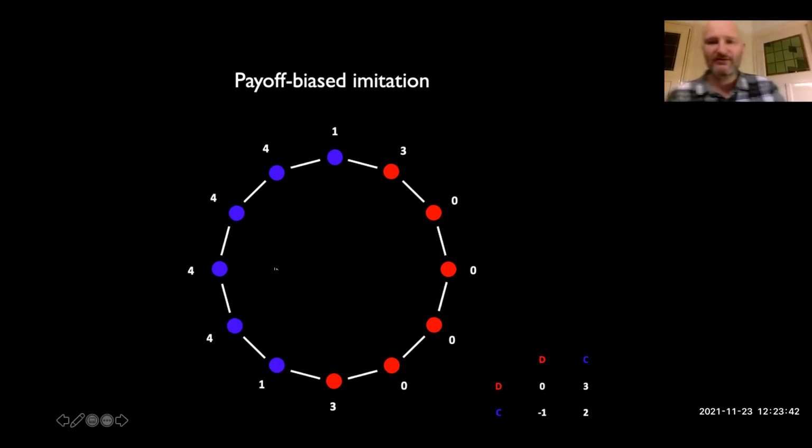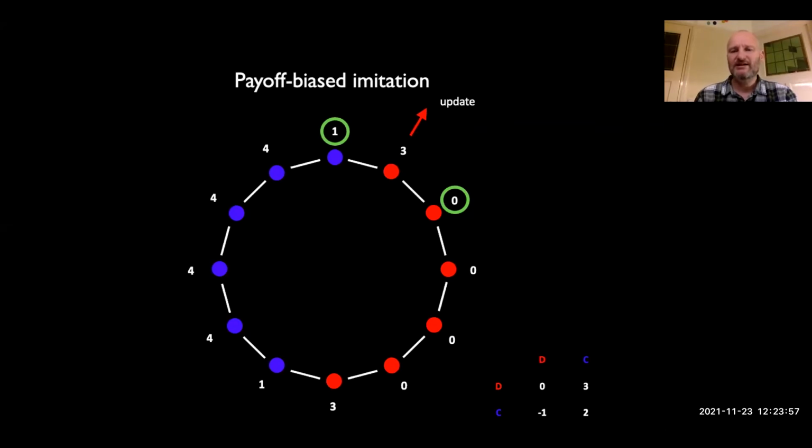So if you have payoff biased imitation, then suppose this individual is chosen to update the strategy. You could imagine that this person looks to the left and looks to the right, and maybe even a bit more to the left and a bit more to the right, or maybe even at her own payoff.